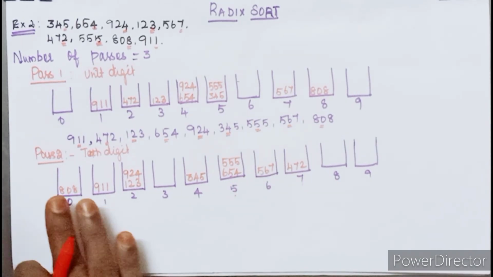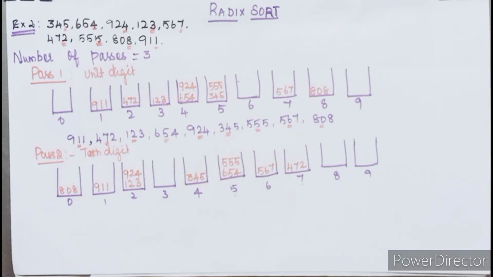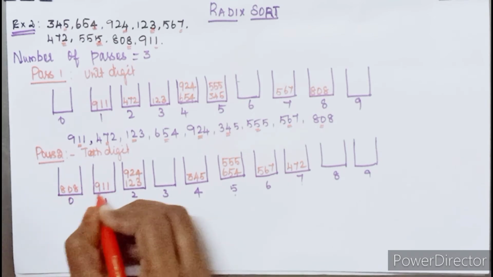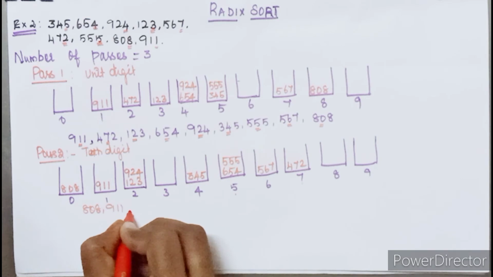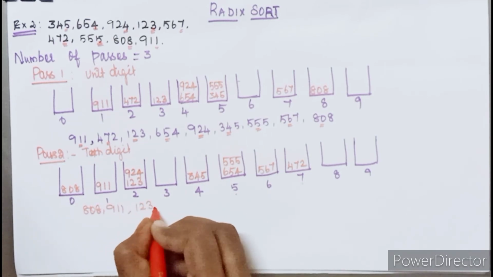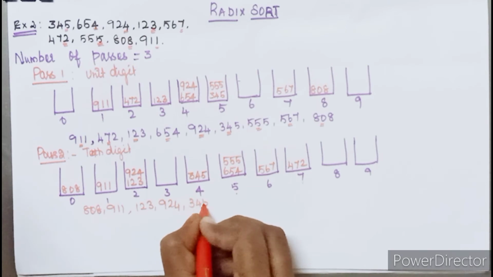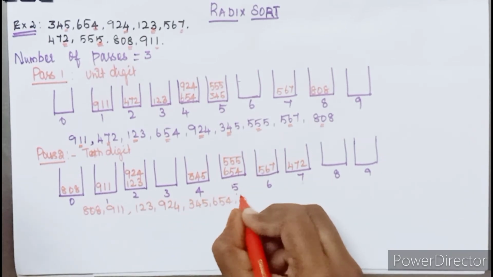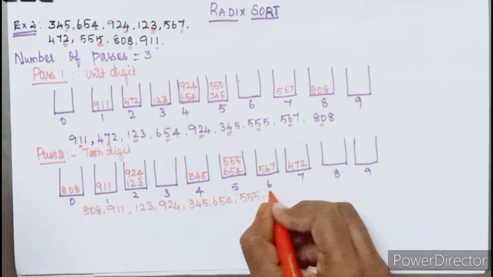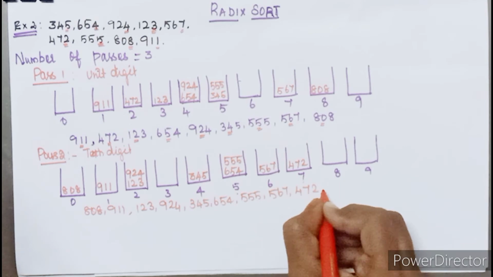After inserting the values into the buckets, we have to collect all the values out, and that should be taken as the input for pass 3. So let us start collecting it one after the other: 808, 911, 123, 924, 345, 654, 555, 567, and finally 472.